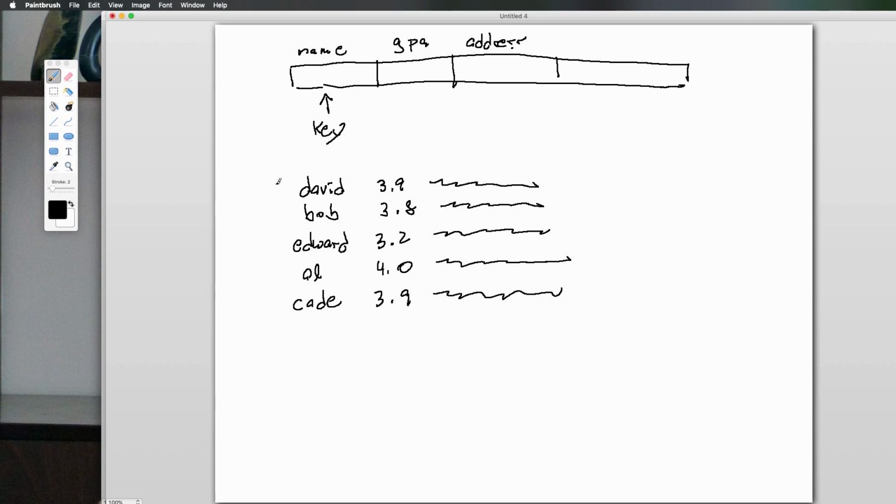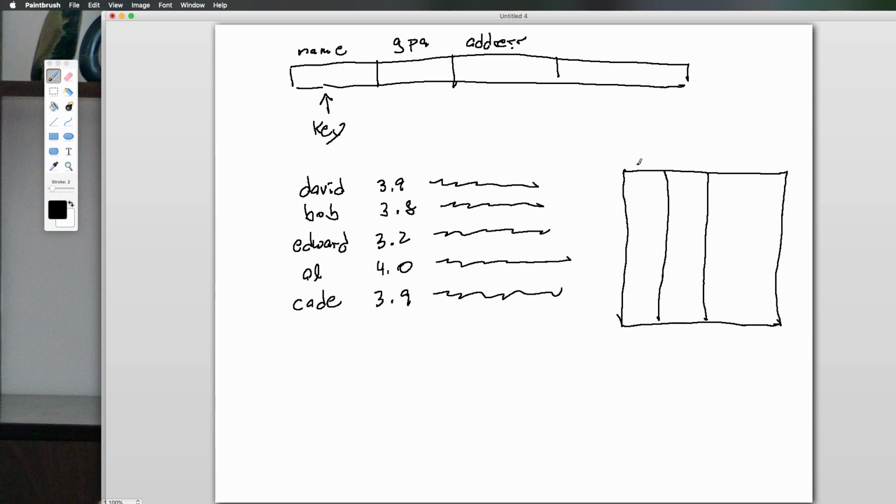And so we see here that we have 5 names. And what I'd like to do is create a table. So a table looks very much like an array. And we can imagine that the table might be broken up into these pieces like this. And over here is the key, the name.